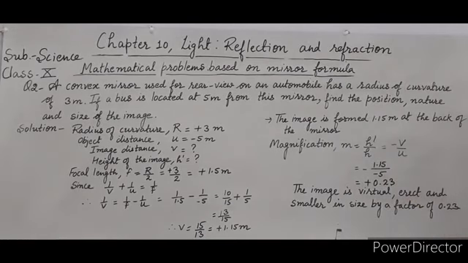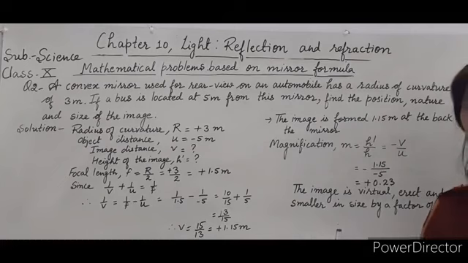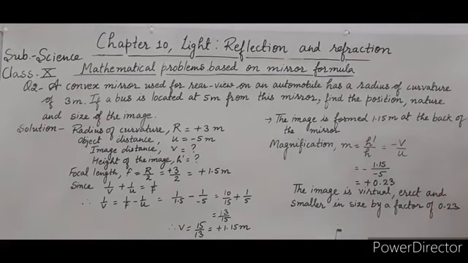So the image is smaller in size by a factor of 0.23, and the positive sign of magnification indicates that the image is virtual. The image is virtual, erect and smaller in size by a factor of 0.23.